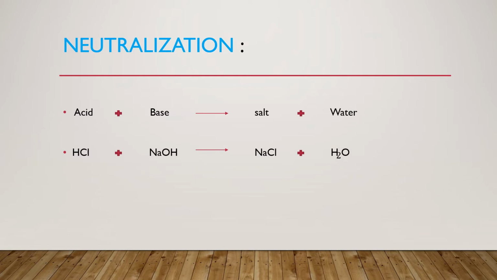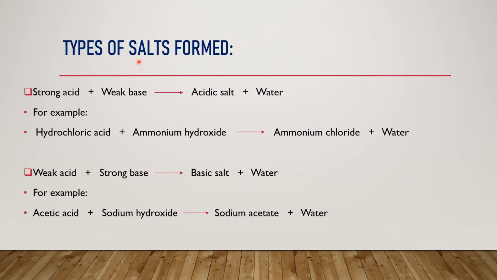Now let's go to the types of salts formed. Depending on the strength of the acid and base taking part in the neutralization reaction, different salts are formed. These salts may be acidic, basic, or neutral in nature. A strong acid plus a weak base gives an acidic salt plus water.